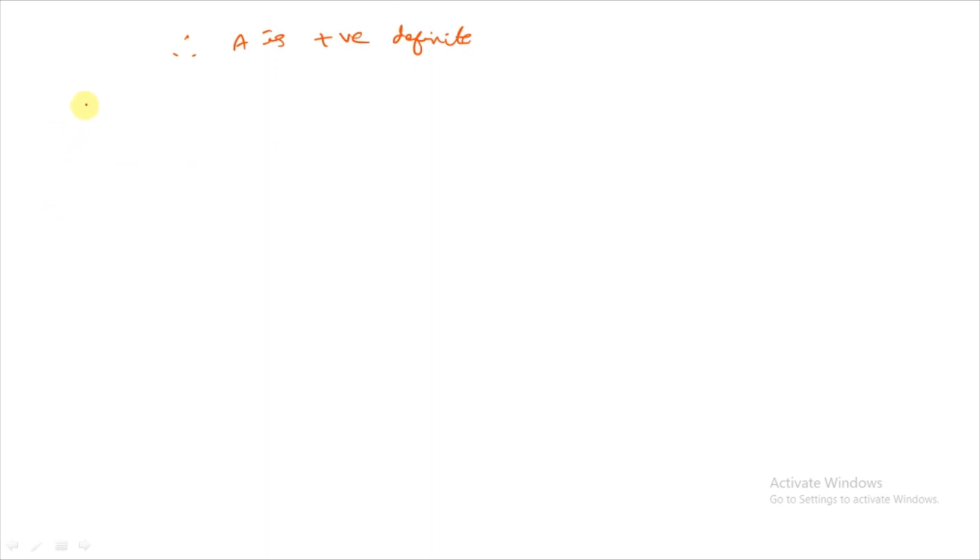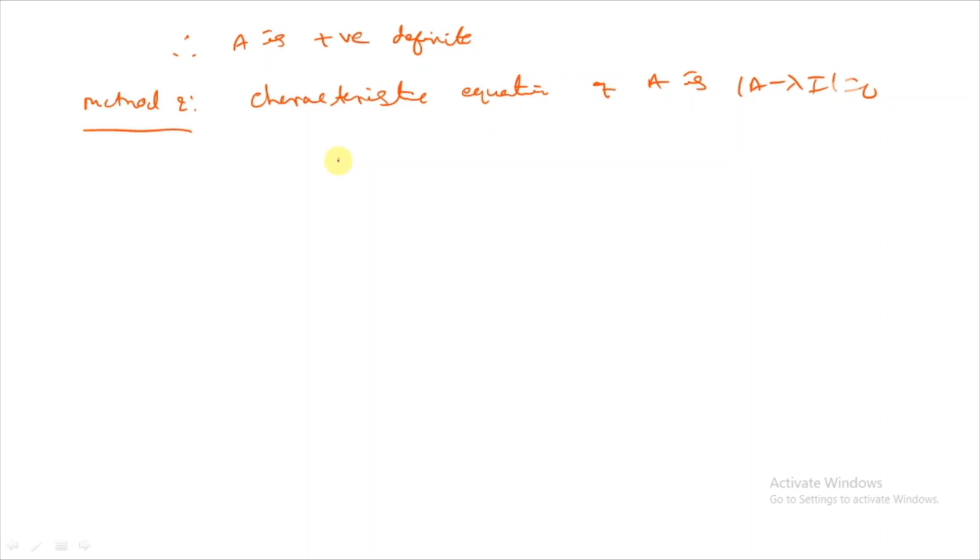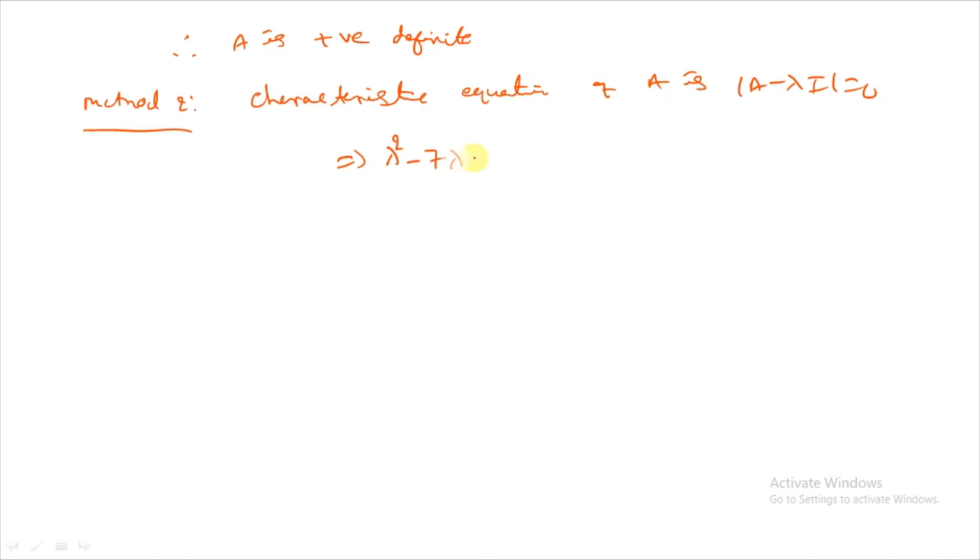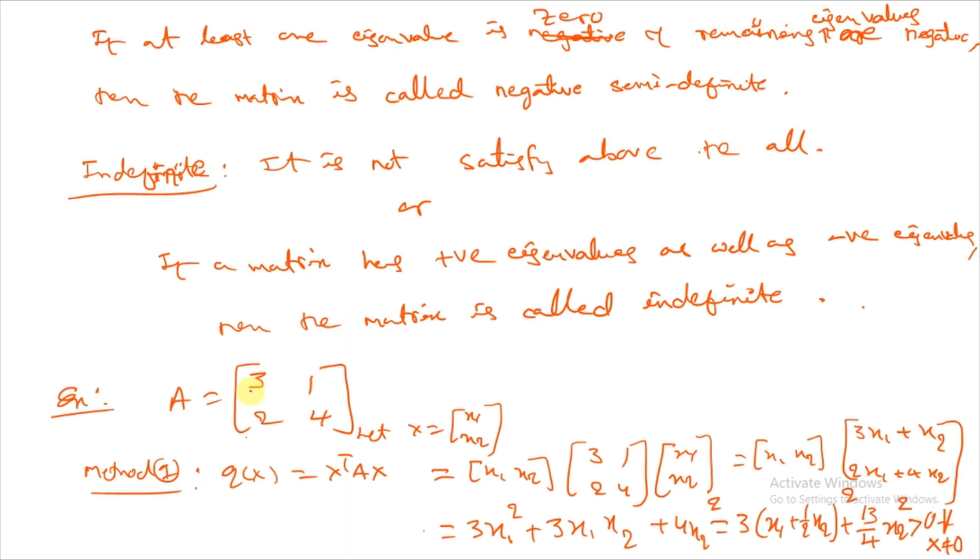This is the first method. Now method 2: find the eigenvalues from the characteristic equation determinant of A minus lambda I equal to 0. That gives lambda squared minus the trace times lambda plus the determinant.